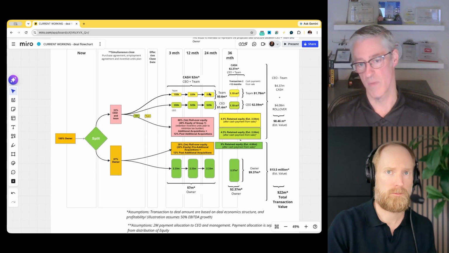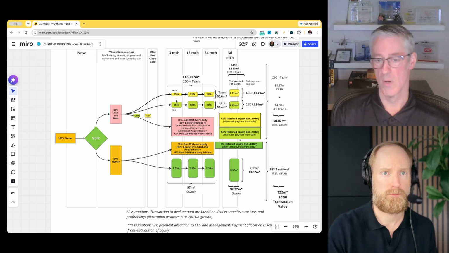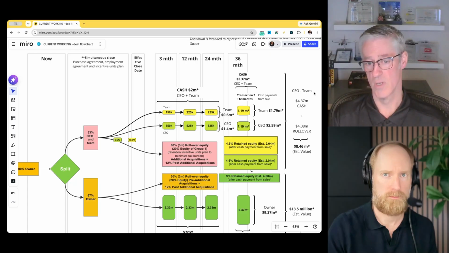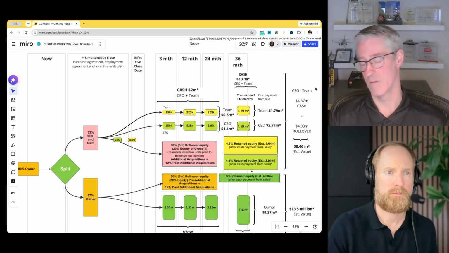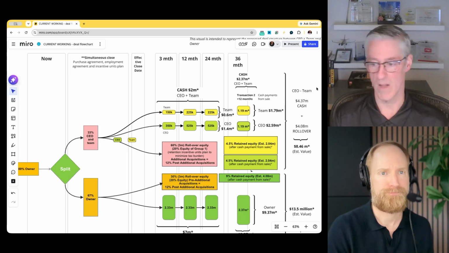You can see from the chart here that consideration for the employee group was split into a package of, it ended up being $2 million in cash and $3 million in rollover equity. Rollover is probably not entirely the right terminology here, but we were talking about it in that concept.